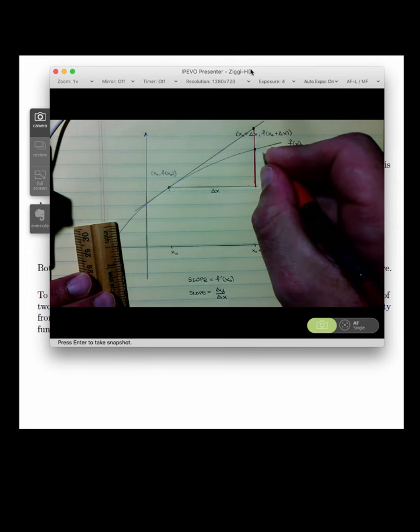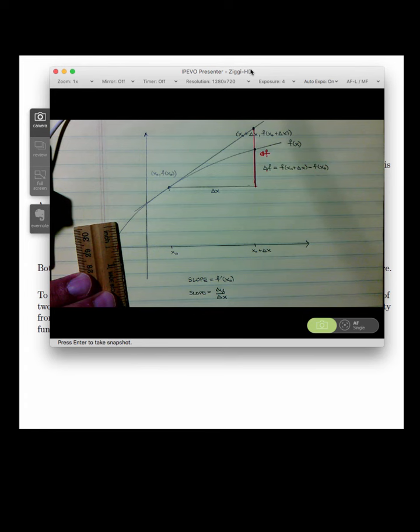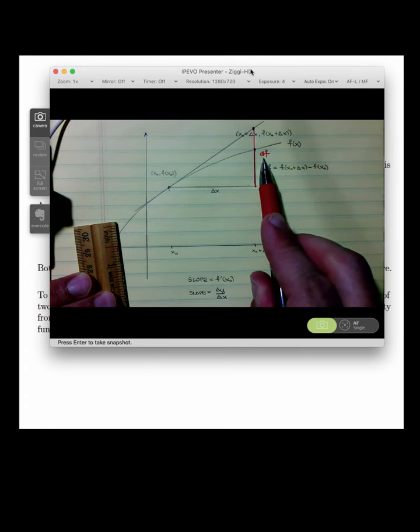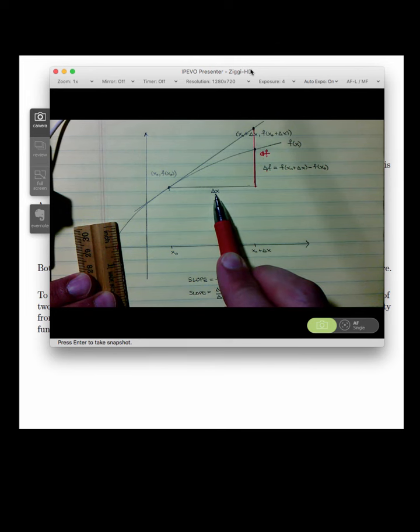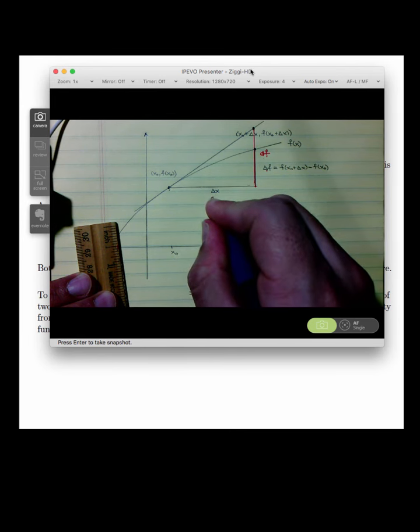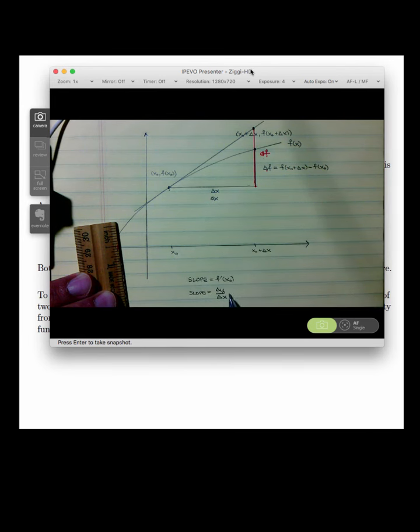We'll refer to it as df. Consequently, the slope can be written as df over delta x. And instead of using delta x, let's use dx just for consistency's sake. As such, the slope here is df over dx.